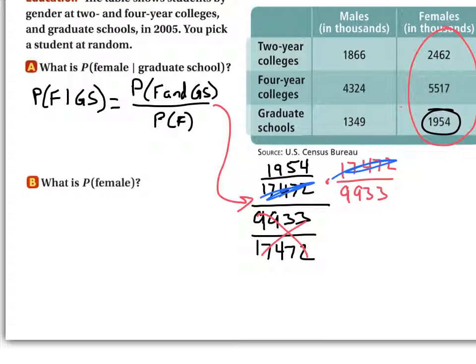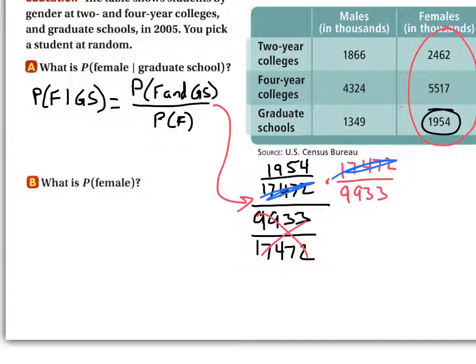What we want to do, if we're trying to find the probability of randomly selecting a female, given already that we're selecting from graduate school students, is simply isolate or narrow down your sample space.